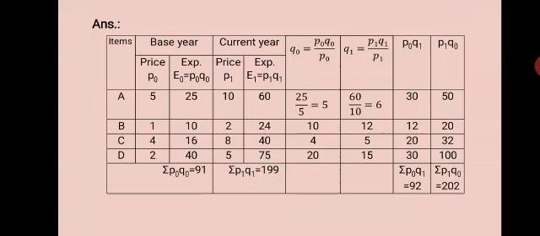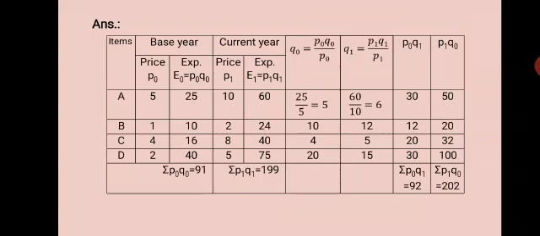Then we require summation P0 Q1. Add all P0 Q1 values, we will get summation P0 Q1 as 92. Similarly, we require summation P1 Q0. Add all P1 Q0 values, we will get summation P1 Q0 as 202. Similarly, we require summation P0 Q0.